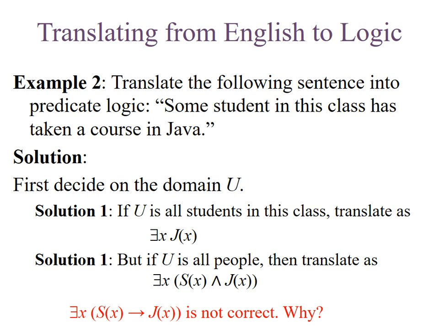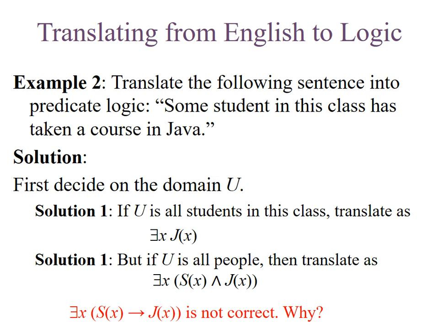But some students may not take the course in Java. It's okay, because we only have some students in this class who take the course Java. So if other students in this class do not take Java, it's okay. Right? So what's wrong with this expression?